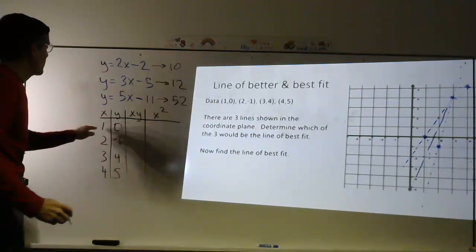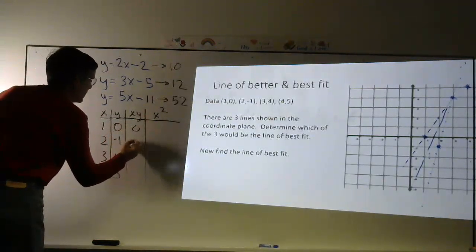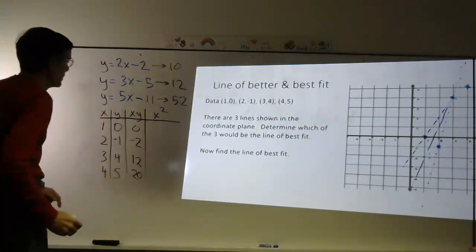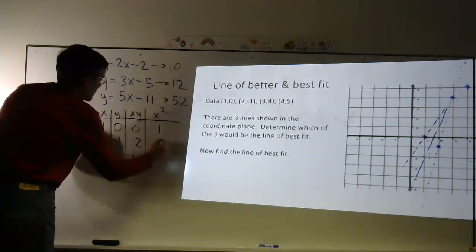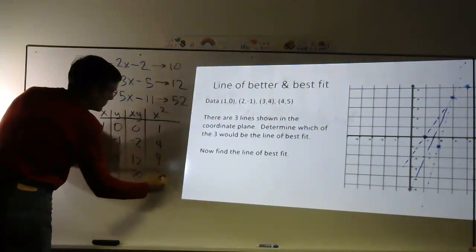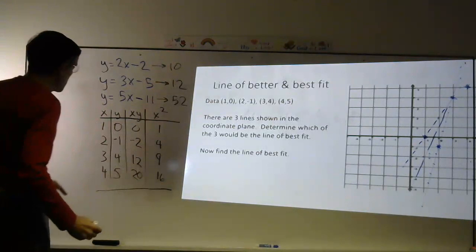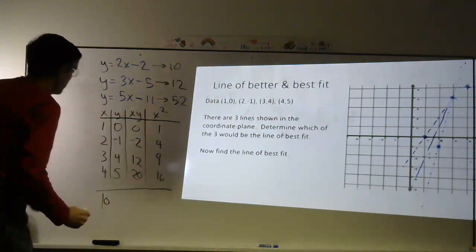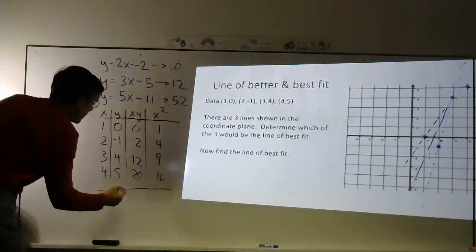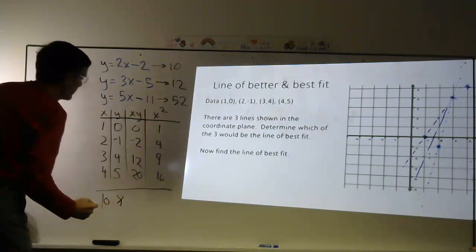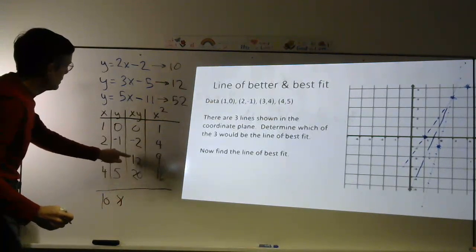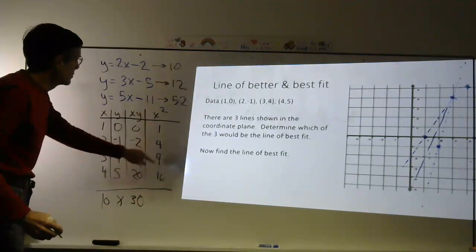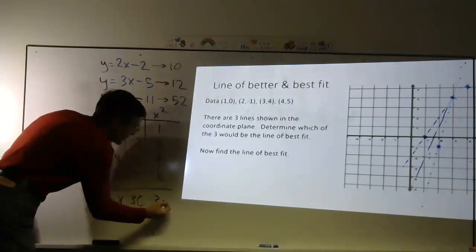So we have x times y would be 0, -2, 12, 20. X squared, 1, 4, 9, 16, add them all up. The sum of x is 10, the sum of y is 8, the sum of xy is 30, and the sum of x squared is 30.